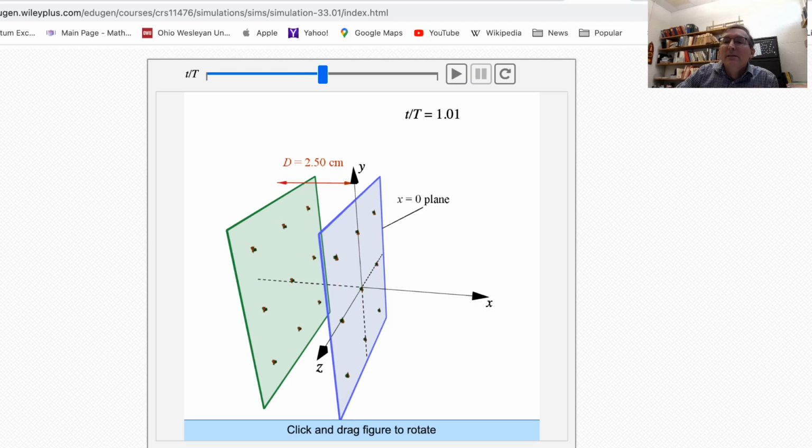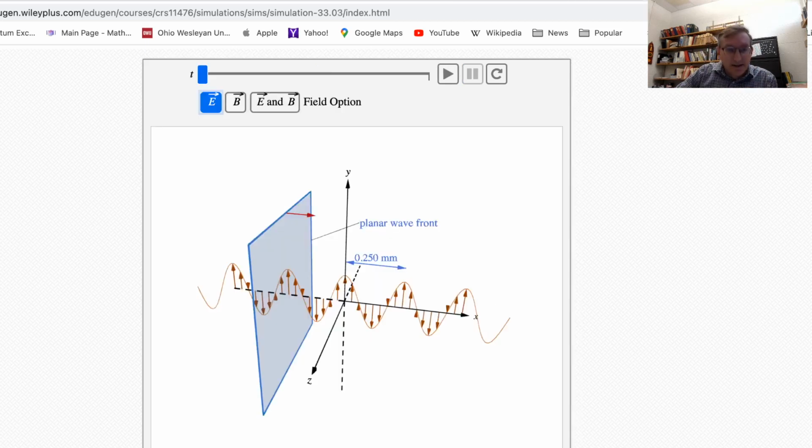Let me look at this animation next. Okay? Now, here what we're going to do is take just the electric field part and draw it just for a series of points on the x-axis, but distributed along the x-axis.